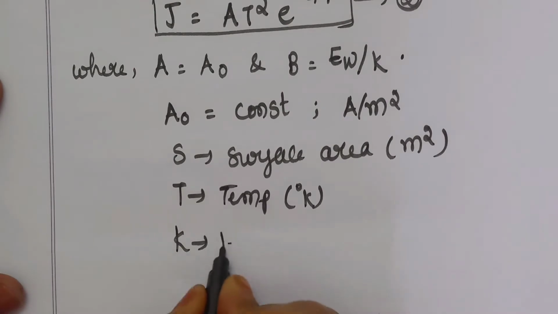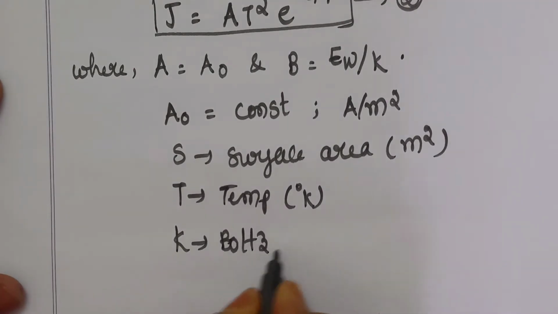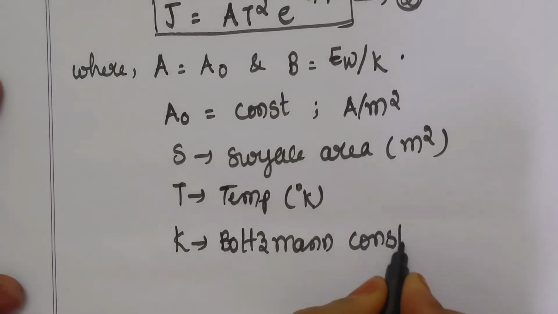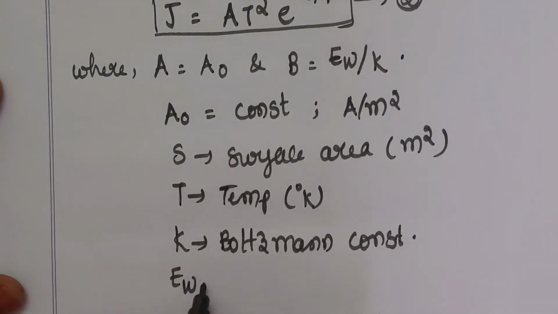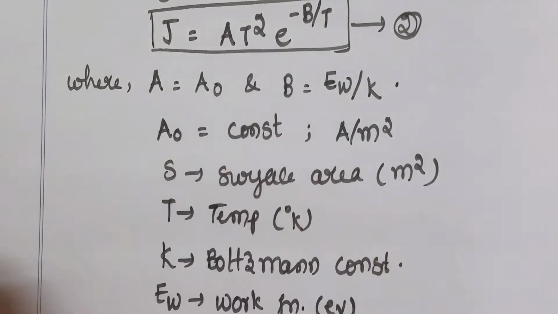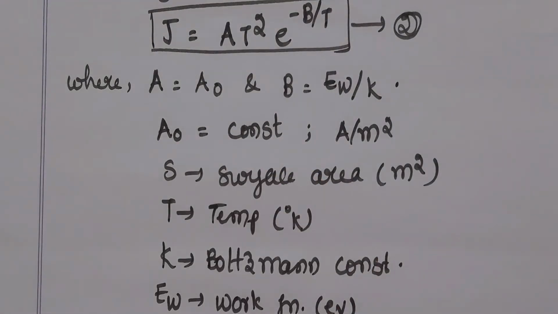K is the Boltzmann constant. And we know that EW is the work function in electron volts. This equation is called the Fermi emission current or Richardson-Dushman equation. EW is also called the latent heat of evaporation of electrons, similar to evaporation of molecules from a liquid.